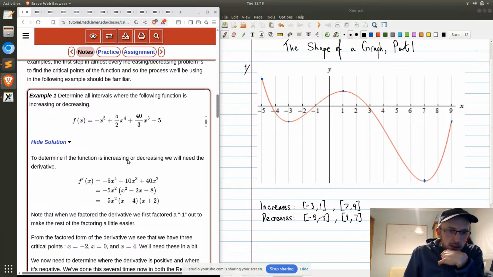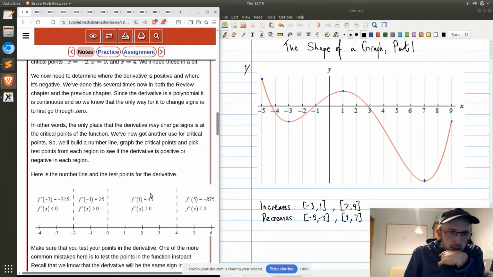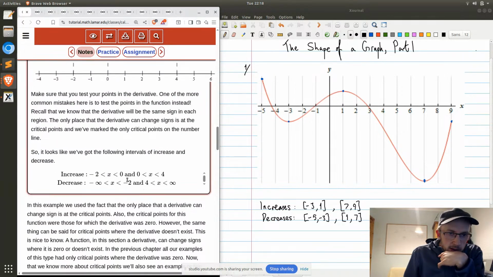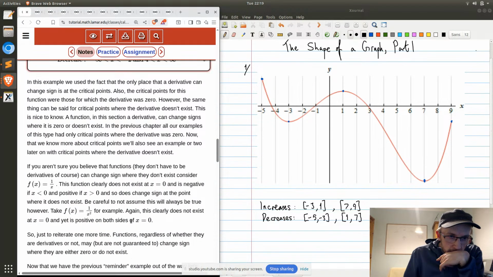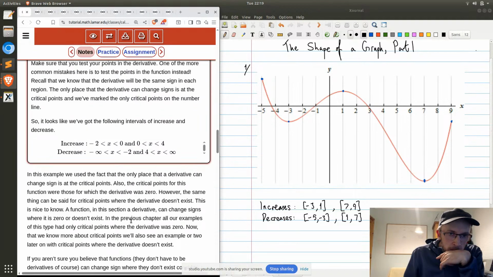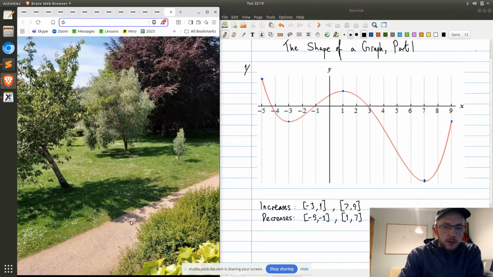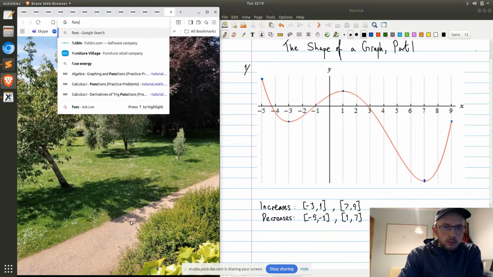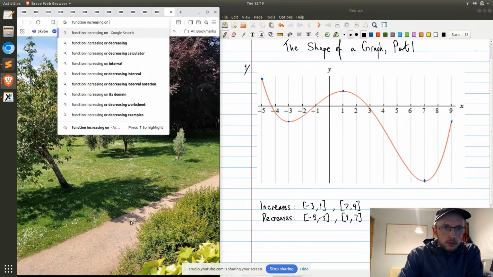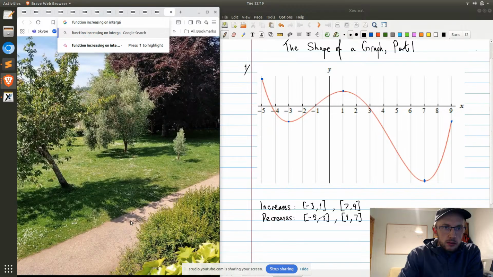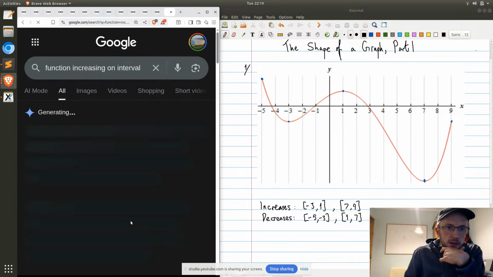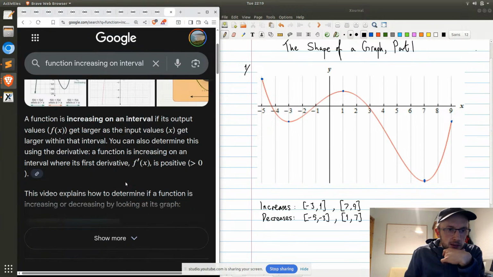Right, so first I'm going to check and see if he has this same policy here. Oh, he appears to. Okay. Then I'm going to look for definitions elsewhere and see if they agree with his.